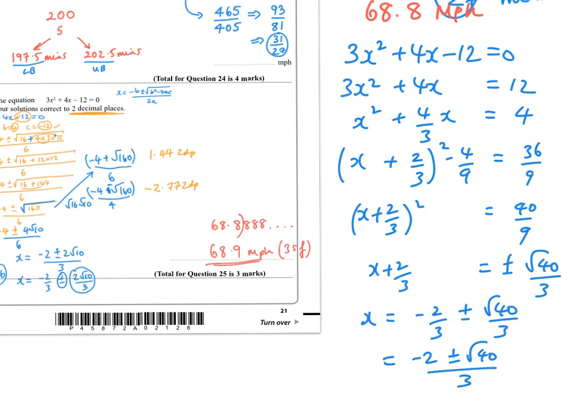Now, if you were to compare what we had here with what we've got here, then you should be able to notice that root 40, in thirds form, is 4 times 10, the square root of 4 times the square root of 10, which is 2 root 10, which is exactly what I had here.